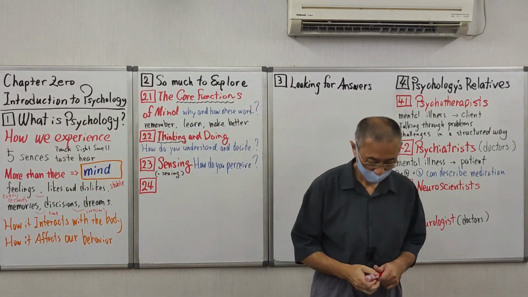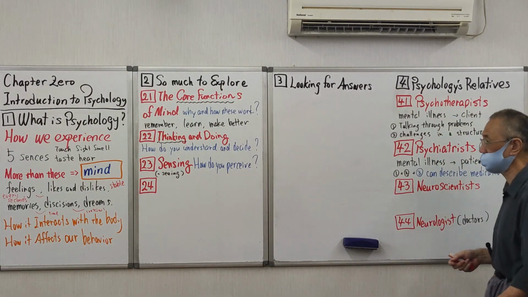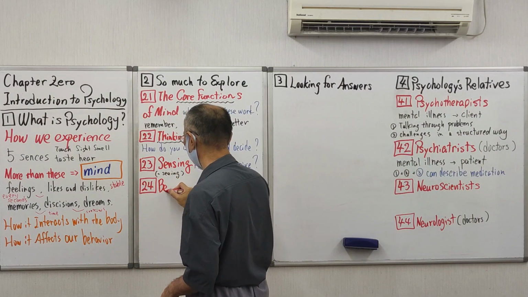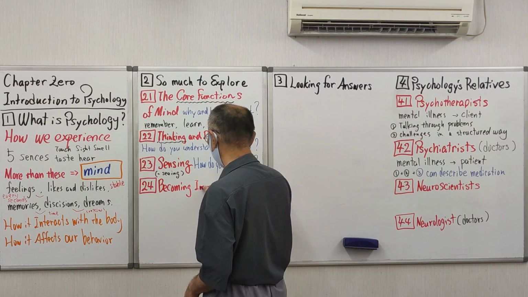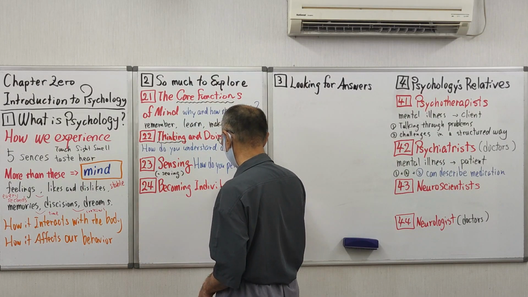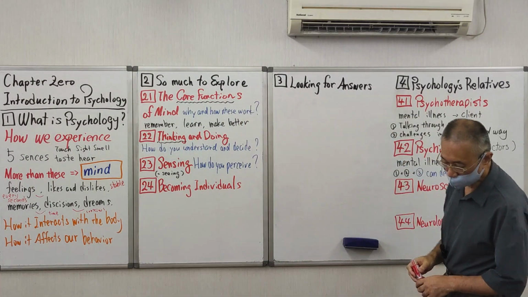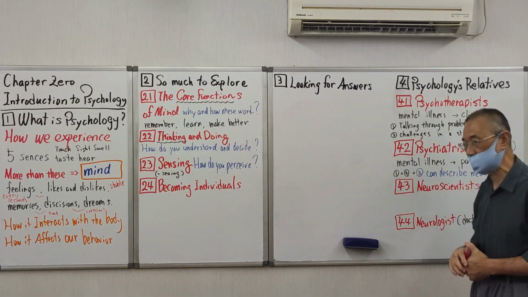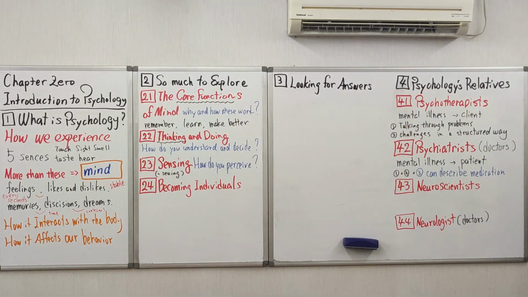And of course, number four is becoming individuals. Everyone says we are already individuals. A human being is always a human being from the beginning, born and on earth.